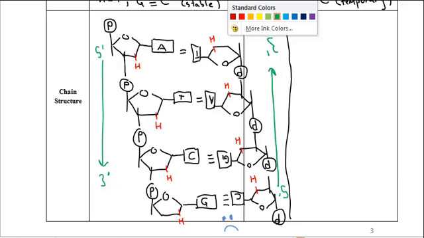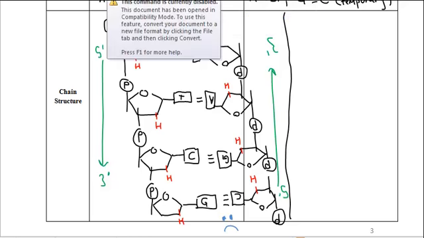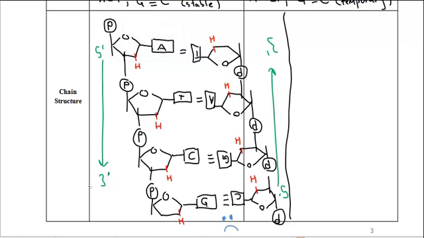And what we get is this so-called 5' to 3' on one side, and coming up the opposite direction is the 5' to 3'.